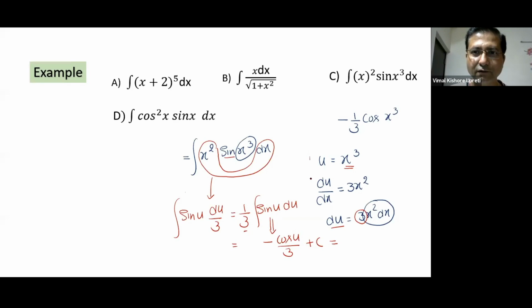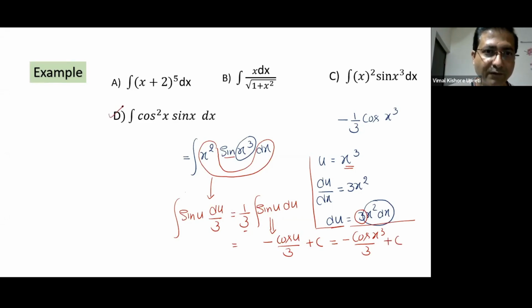Let's substitute the value of u. So minus cos x cube by 3 plus c. Correct. Very good. Similar function I discussed in the last class. Let's see the fourth one.